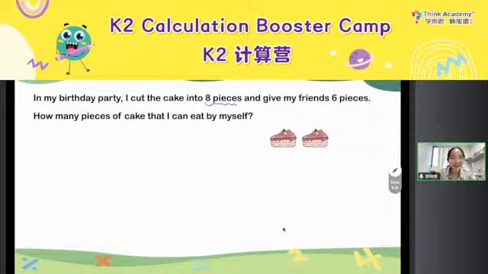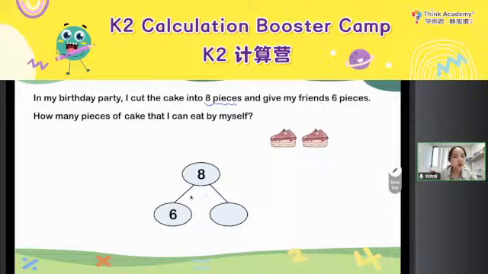Luckily, I got 2, right? So still, I get 2 pieces of cake left. So now you can see how I can split this 8. If I split 8 into one part as 6, then what about the remaining part in here?